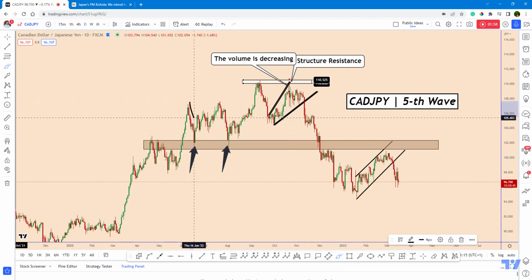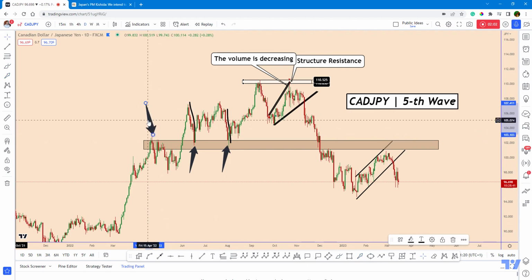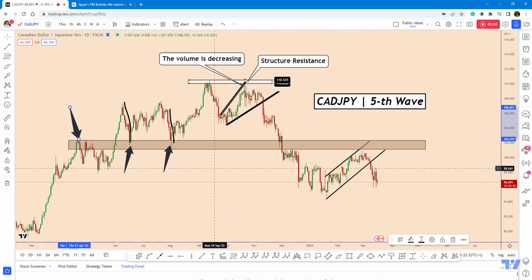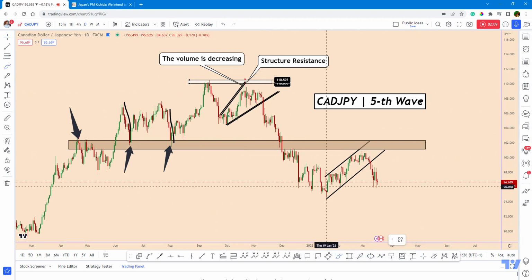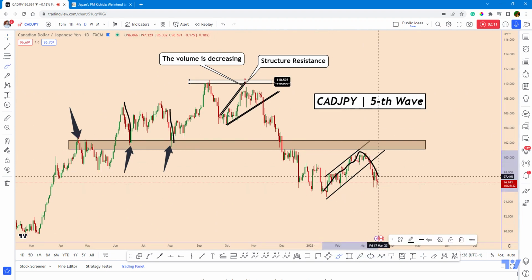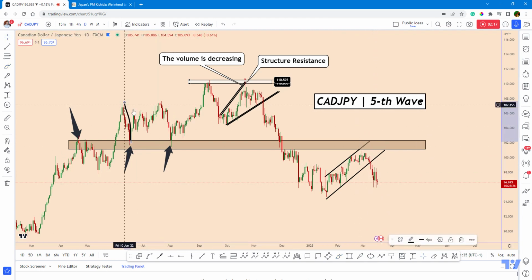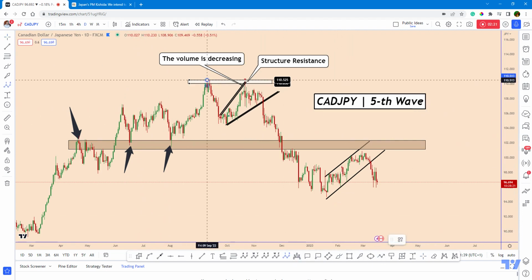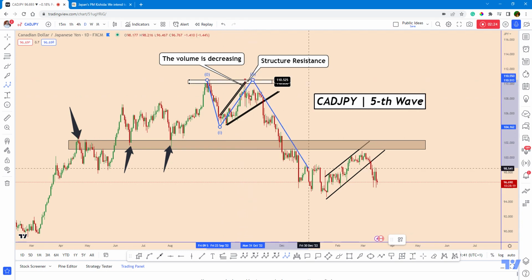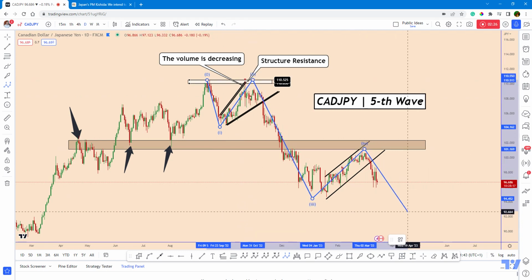So when the price came down, faced support, and when the price tested the same area, it faced resistance at this point. After the price came close to this area, we saw the sell-off happen immediately. So it looks very interesting, and I'm assuming that the chances are very high that we may have a 5-wave development here.